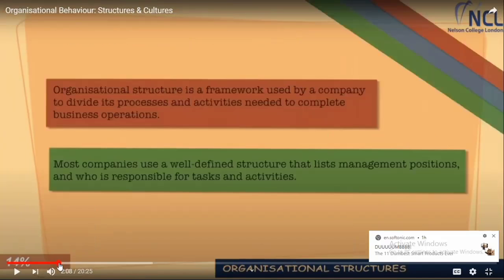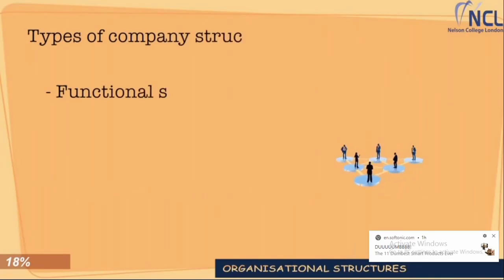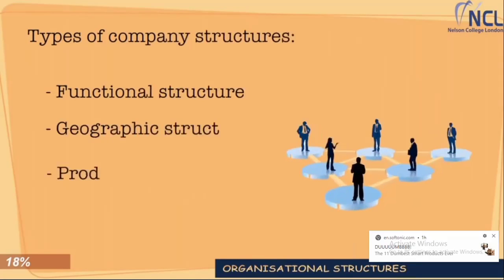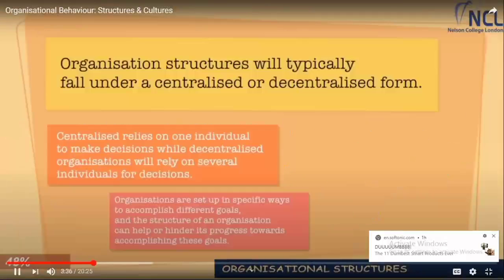Sorry, let me go back, please. Hold on. And activity. Let's look at the types of structures. Structures can be functional, geographic, product, or customer based. Okay. So let's go. Organization.